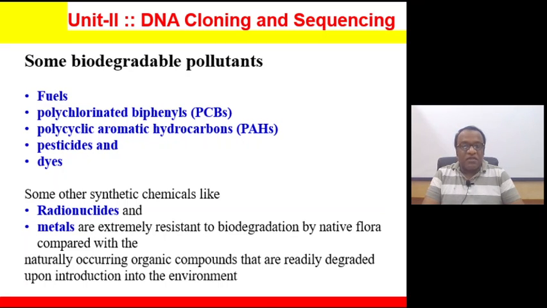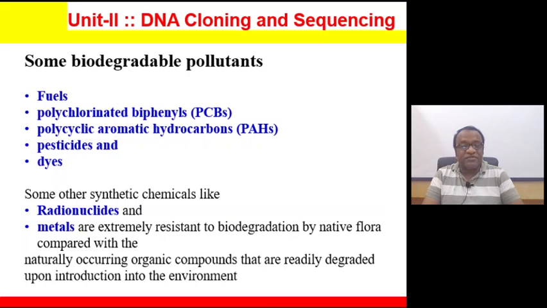Number one are the fuels, the hydrocarbons, and then we have polychlorinated biphenyls, polycyclic aromatic hydrocarbons, pesticides, and dyes, and some other synthetic, that is artificial chemicals like radionuclides and metals.